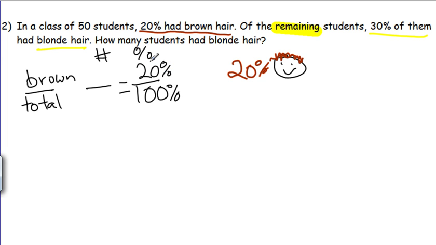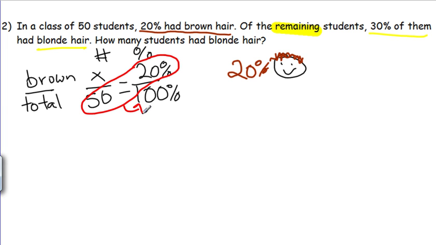We know it's a class of 50, which now that I think about it is a lot of kids put in one class, but our total is 50 kids. We don't know how many have brown hair just yet, so here's our proportion. We can cross multiply. You could simplify this first, 20 over 100, but let's leave it like this, just for fun.